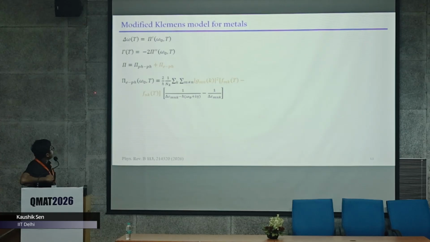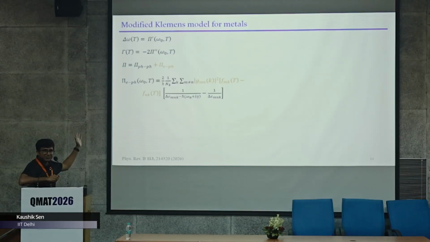This is the phonon self energy if you have electron-phonon interaction. This is not our invention, it is there in the paper, so we just used it. What is important here is that this G is the electron-phonon interaction. If there is no electron-phonon interaction, G will be 0.